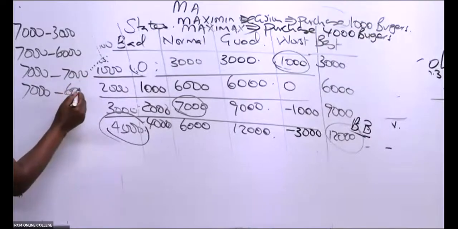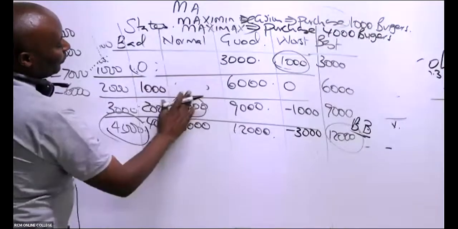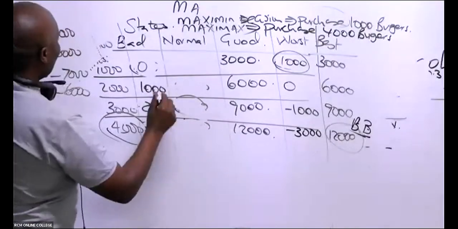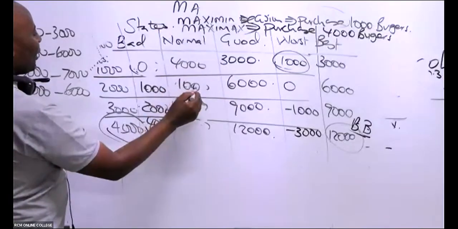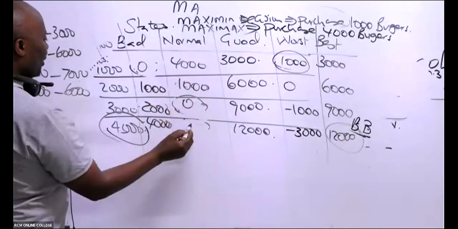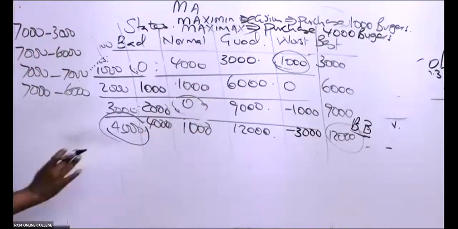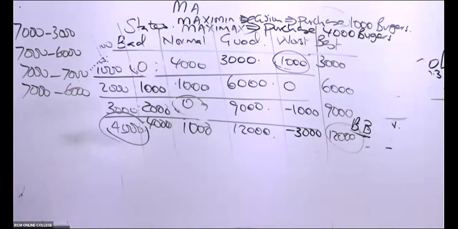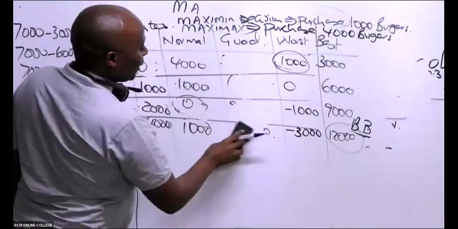Then we have 6,000. So now I can comfortably rub this. So the first one is 4,000. Second one, 1,000. Third one, 0, 1,000. So do you have all the other numbers now? Yeah, so if you have them, I don't have to belabor. So I just come and write all of them.